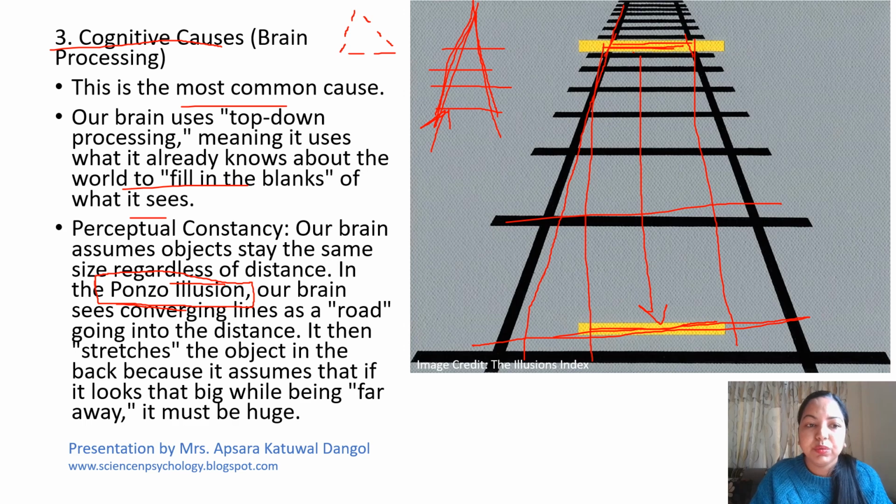But both are equal. Our brain assumes objects stay the same size regardless of distance. Our brain sees converging lines as a road going into the distance, so it stretches the object in the back, because it assumes that if it looks that big while being far away, it must be huge. But that is not the case.